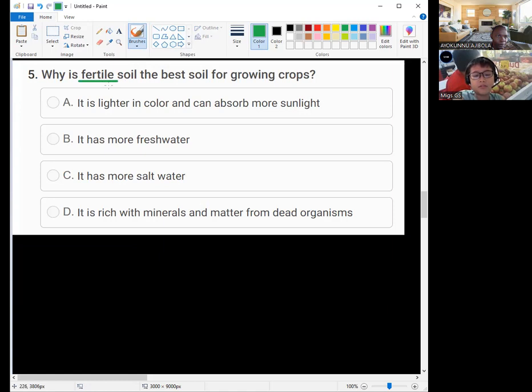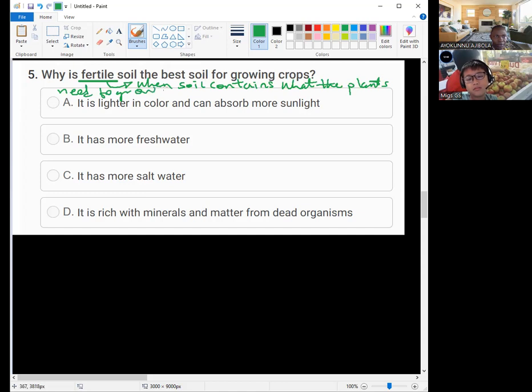Fertile means when soil contains what the plant needs to grow.